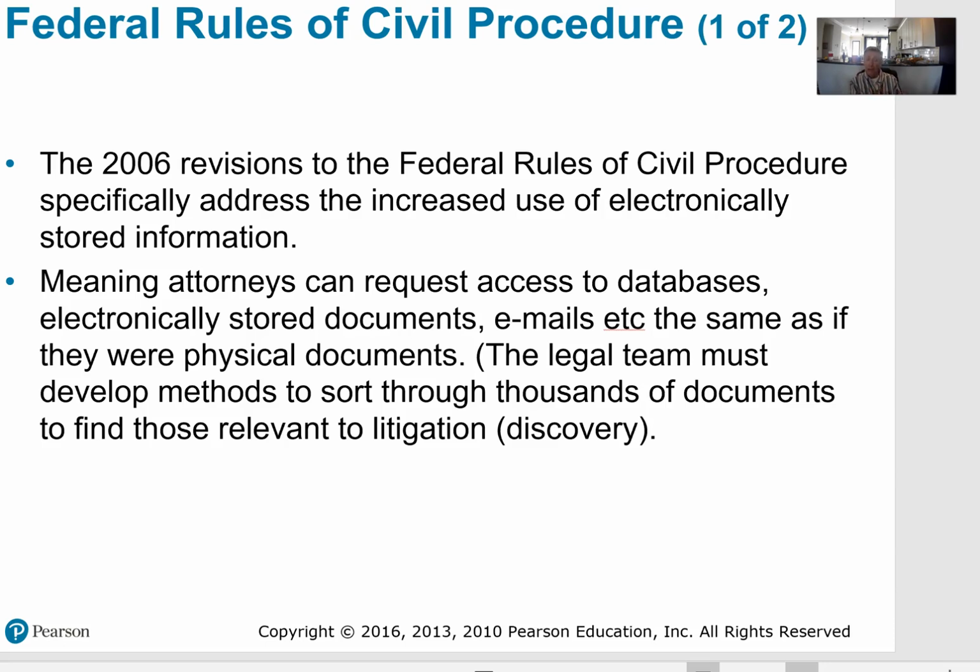Attorneys can request access to databases, electronically stored documents, emails, etc., the same as if they were physical documents. The legal team then must develop methods to sort through thousands of documents to find those relevant to litigation. That's part of the discovery process.